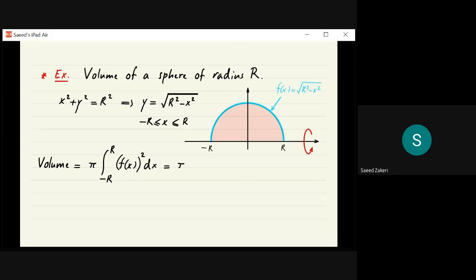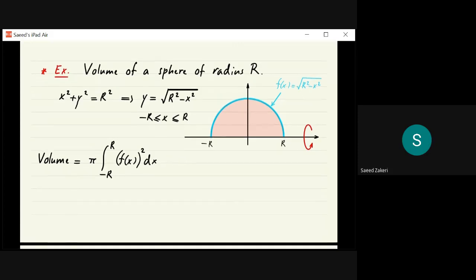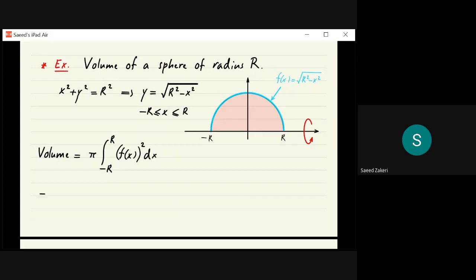That's pi integral from negative r to plus r of r squared minus x squared dx. Again, since this is an even function and I'm integrating over a symmetric interval, this is twice the integral from 0 to r of r squared minus x squared.